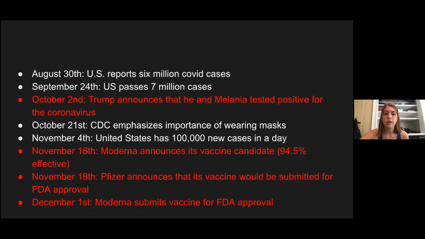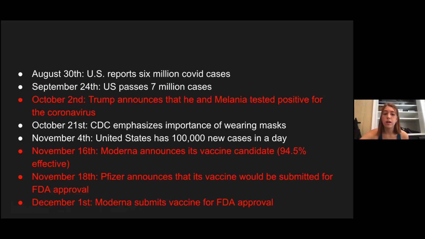So by August 30th, the US reported 6 million COVID cases. And then on October 2nd, Trump announced that he and Melania had tested positive for COVID, which was not surprising given the fact that they were not following important safety protocols. Then on November 16th, Moderna announced its vaccine candidate, which was 94.5% effective.